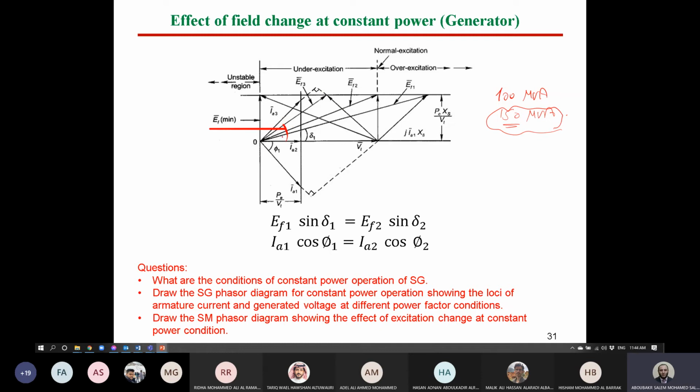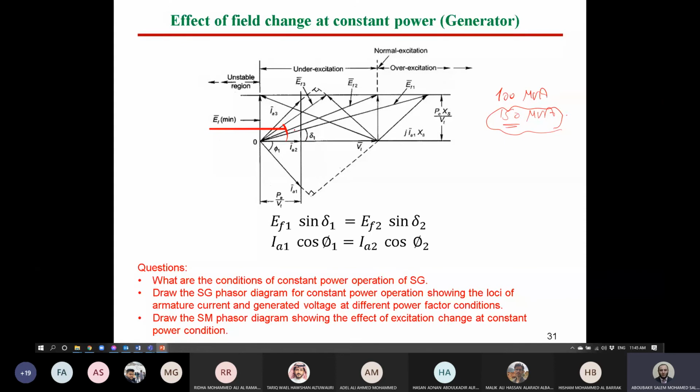This is the angle of delta in the case of 3. If we would like to increase the excitation, for this case the power factor was leading like that. If we increase the excitation a bit to reach normal excitation at EF2, where the current is in phase with voltage, as you can see, this is called normal excitation at unity power factor.